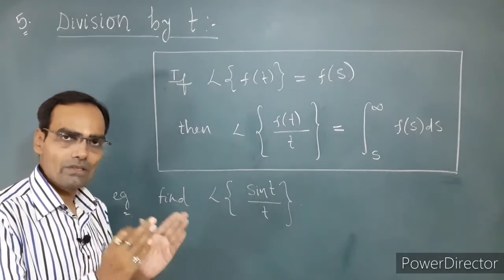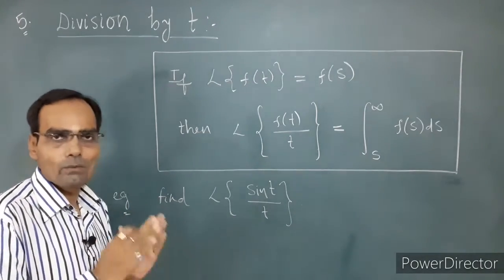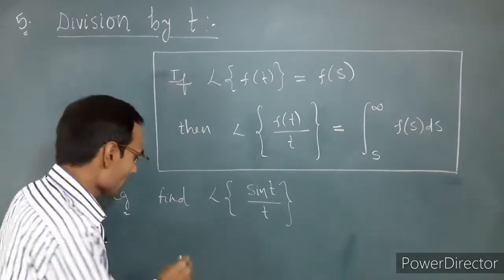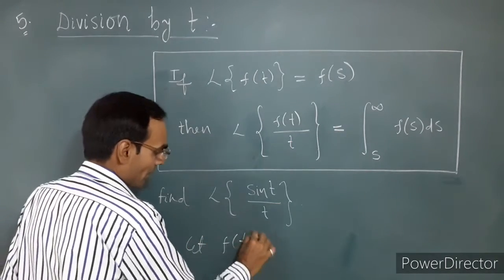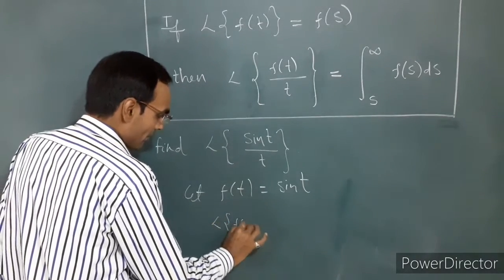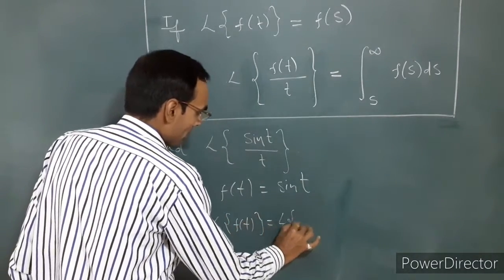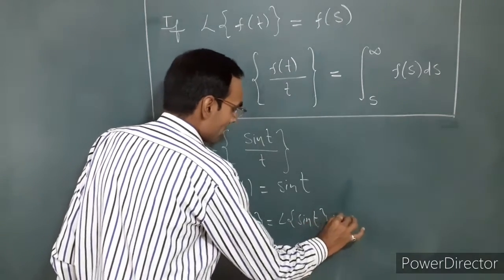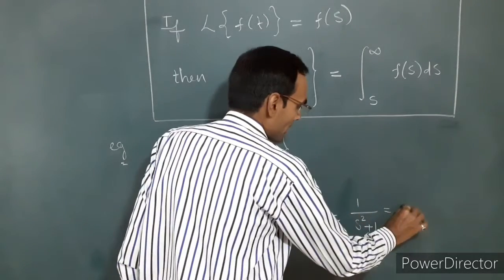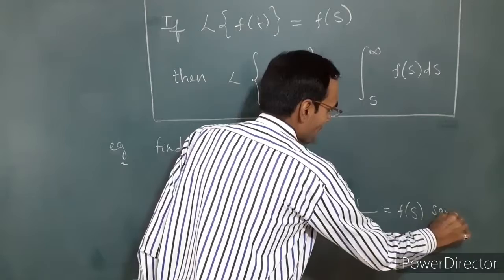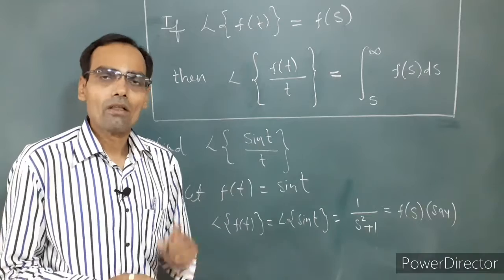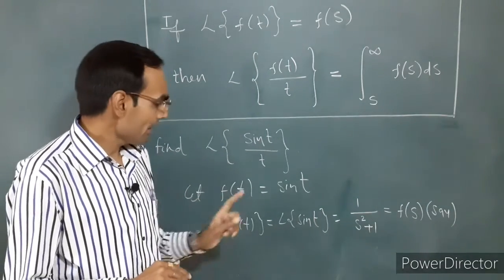The first step is that if the function is divided by t, we take the numerator as f(t), that is, let the function f(t) be sin t, and the Laplace transform of this function, sin t, we know is 1 upon s square plus 1, and that is F(s), because the Laplace transform of sin at is a upon s square plus a square, and here a is 1.